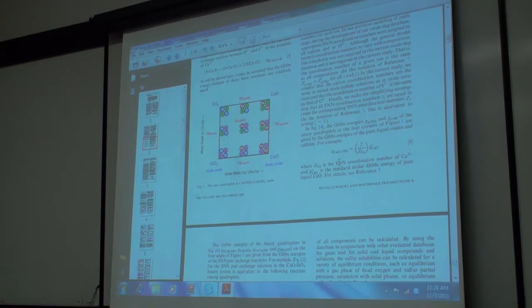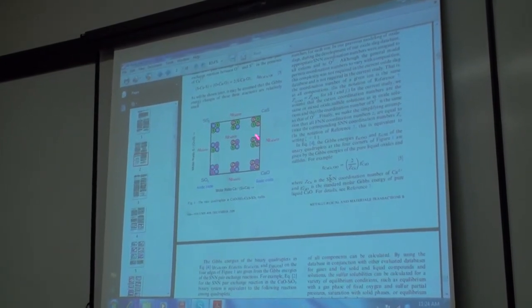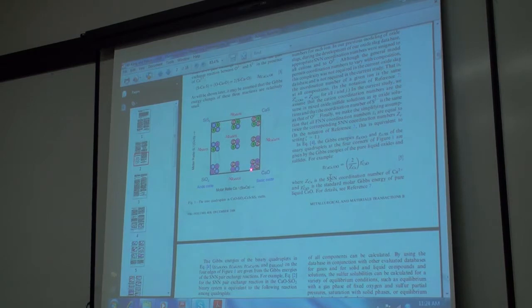Again, here you have your system: silica, calcium sulfide, silicon sulfide, and so liquid slag. So here you have your quadruplets Si2O2, here your quadruplets are Ca2O2, CaS, and you have your binary quadruplets and your reciprocal quadruplet.